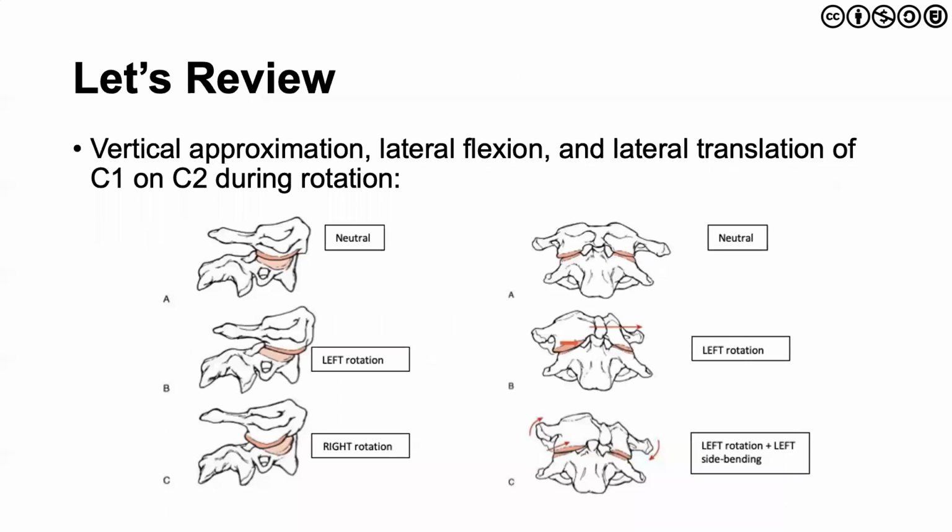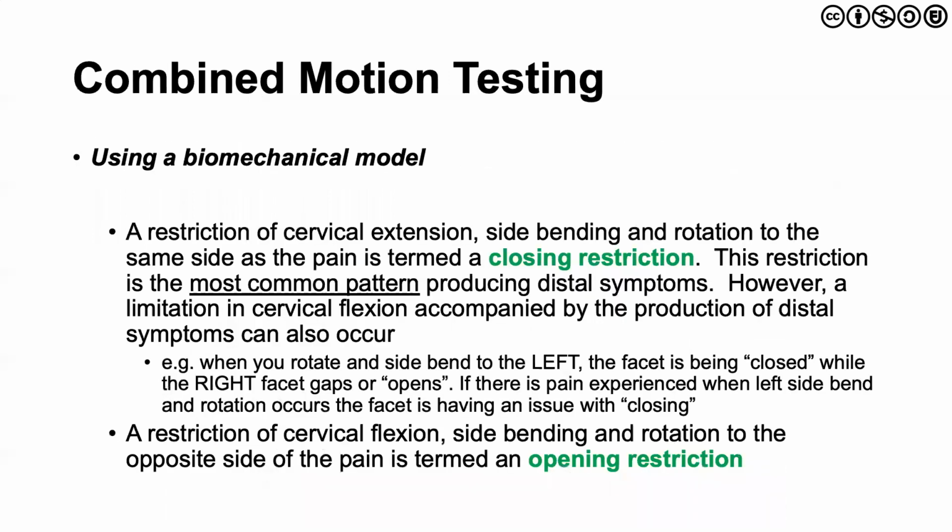So let's review. Vertical approximation, lateral flexion and lateral translation of C1 and 2 during rotation. You can see this here in neutral as well as with left rotation, and then left rotation and left side bending, or right rotation. Combined motion testing, we can use a biomechanical model for this.